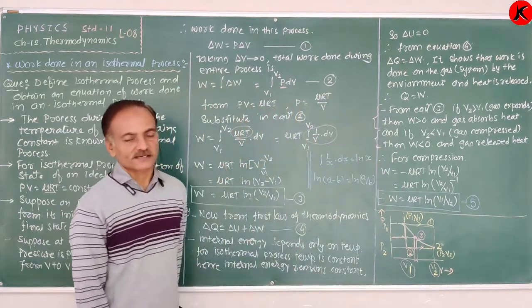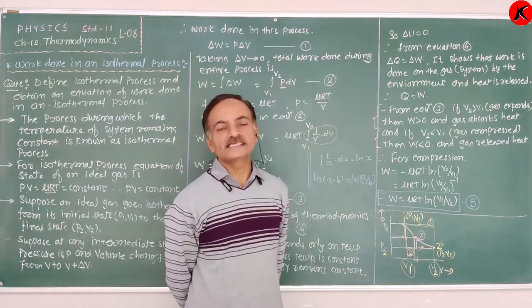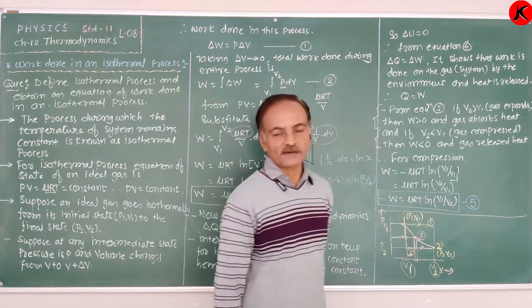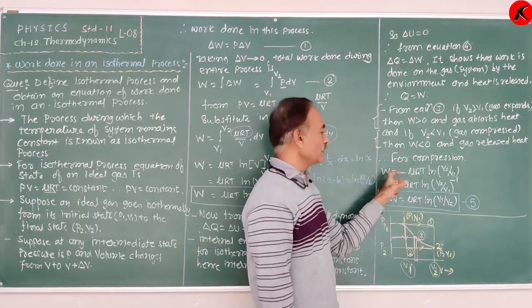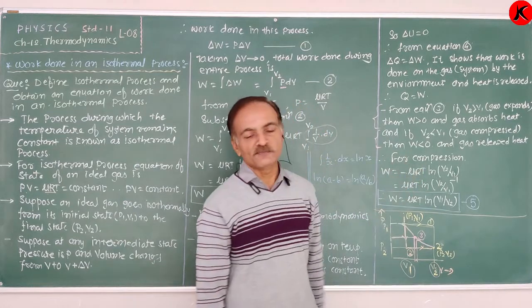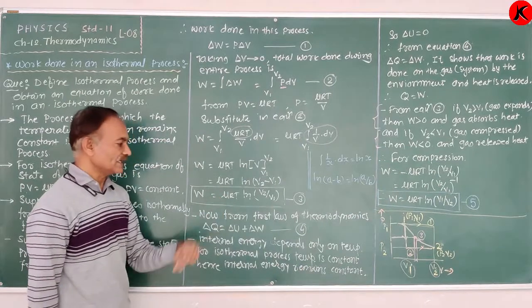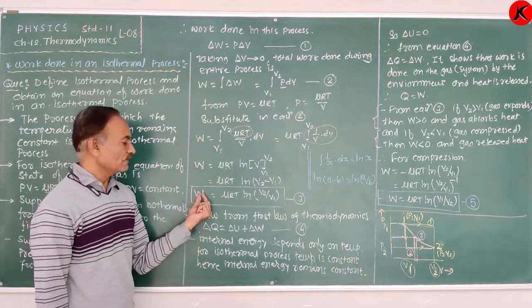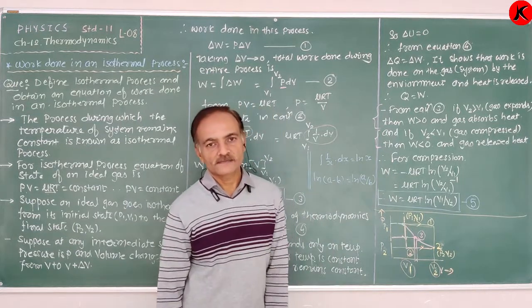Now for the compression. That means the final volume is less than the initial volume of this gas. So what happens? Work done is less than 0, that means negative. Therefore, W is equal to minus mu RT ln V2 upon V1. The same equation, but here the work done is negative, therefore we write down the negative sign.